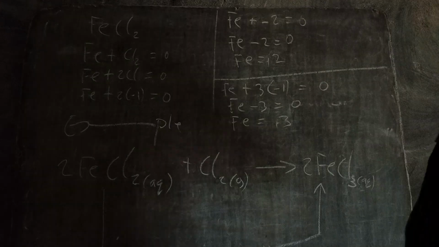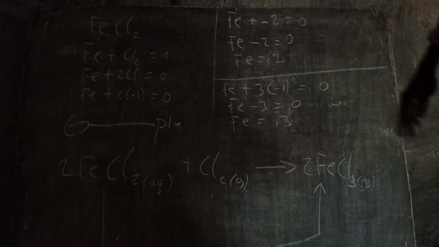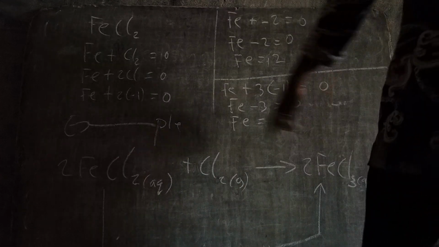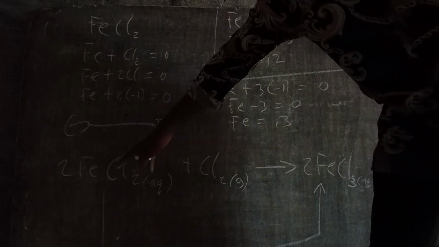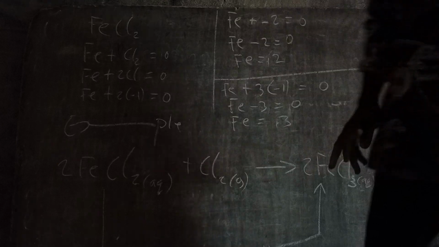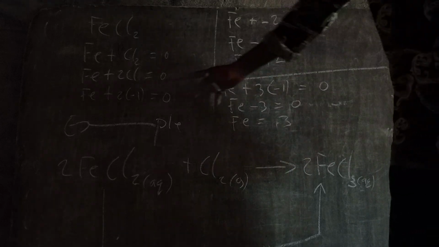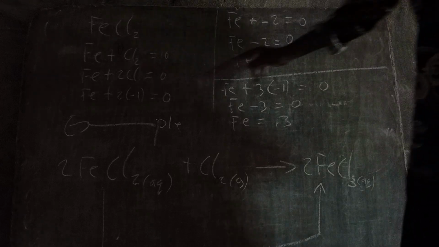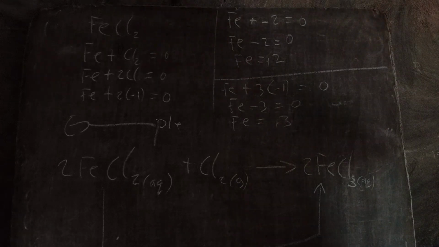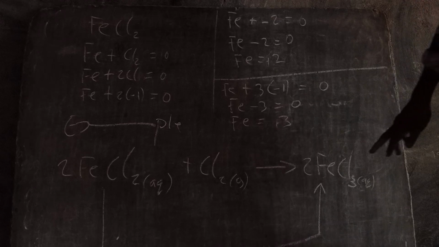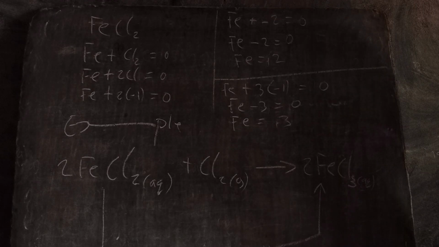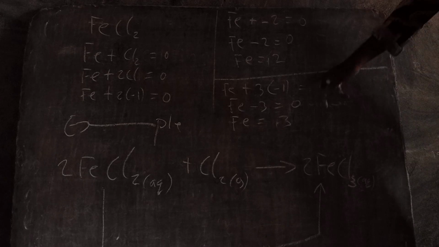Now, if you look at the example, you can see that the oxidation state of iron in this compound, in this Fe2, is what? Is +2. You solve it, is +2. Now, if you check the oxidation state of this particular compound that is being produced, you will discover that it is what? +3.